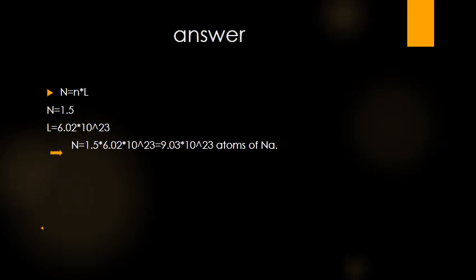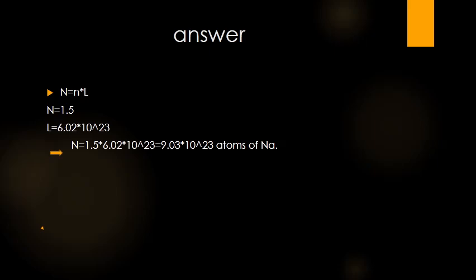In the question we were given small n equals 1.5, that is mole equals 1.5, and capital L equals 6.02 times 10 exponent 23, which is Avogadro's constant. This is a constant, so students are not supposed to change any number. It remains constant.